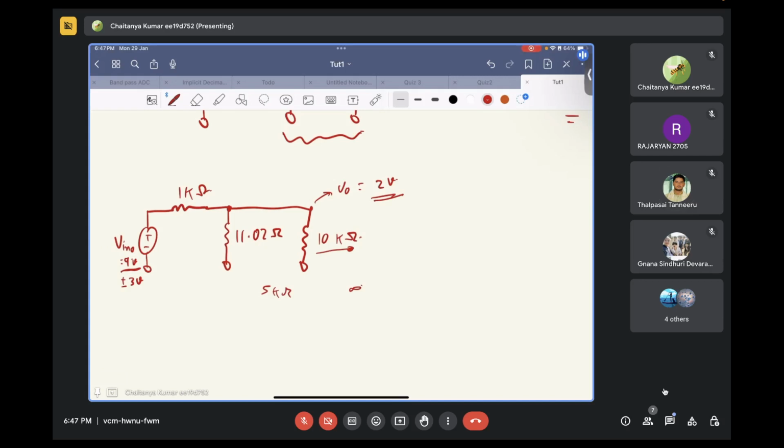That means, does the voltage varying from 6 volts to 12 volts cause more impact on the output voltage, or the load resistance varying from 5 kilo ohms to infinity cause more impact on the output voltage? Can anyone guess?